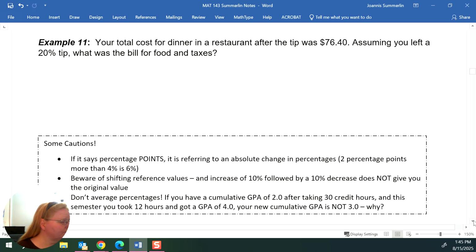And then for the hard one, your total cost for dinner in a restaurant after tip was $76.40. Assuming you left a 20% tip, what was the bill for food and taxes? Our tip was 20%, so that's 120% total that we're going to be multiplying by. And we want to know what food and taxes were. That's what we don't know.